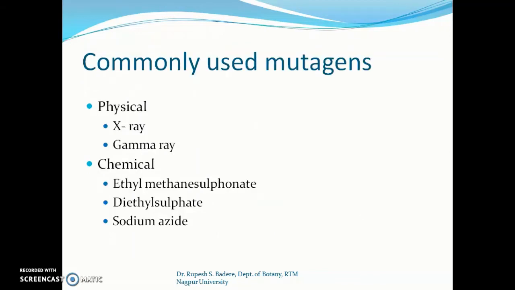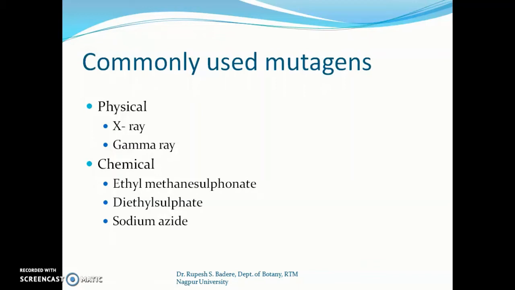Commonly used mutagens, although there is a long list of mutagens: there are base analogues, intercalating agents, ionizing agents, non-ionizing agents, alkylating agents. But as far as mutation breeding is concerned, X-ray and gamma ray, which are classified as the ionizing physical mutagens, are commonly used.